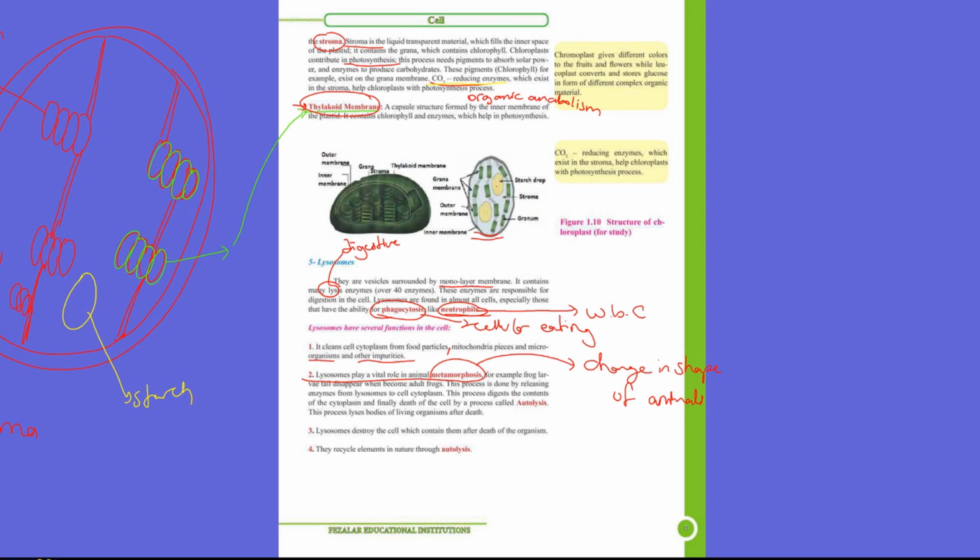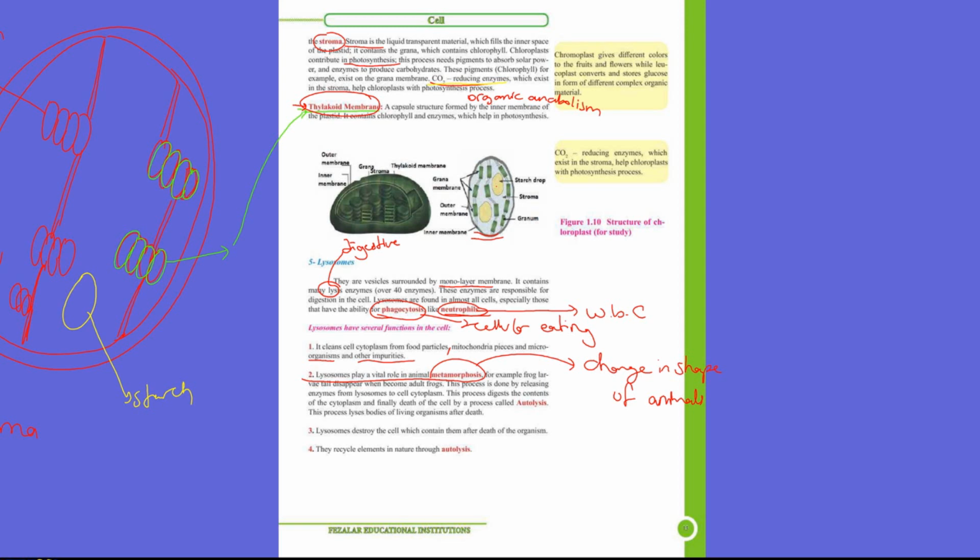How does the long tail disappear? In all the cells of the tail, lysosomes release their digestive enzymes into the cytoplasm of the cell, and all parts of the cell are digested by itself. And the tail disappears.